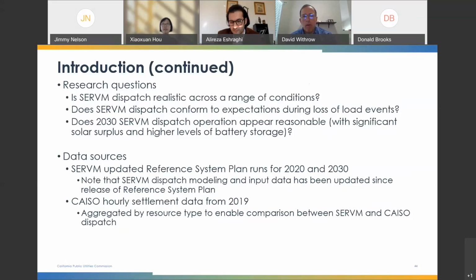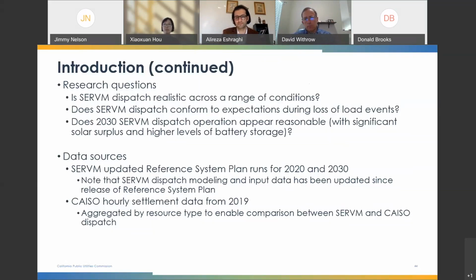That's critical because we're using SERVM as a reliability production cost model. The third question focuses on SERVM's 2030 dispatch. The idea is that by 2030, the system will have a significant solar surplus and a lot more battery storage, so we want to make sure that SERVM is behaving well in that world as well.